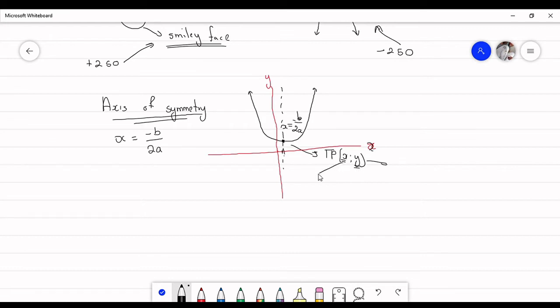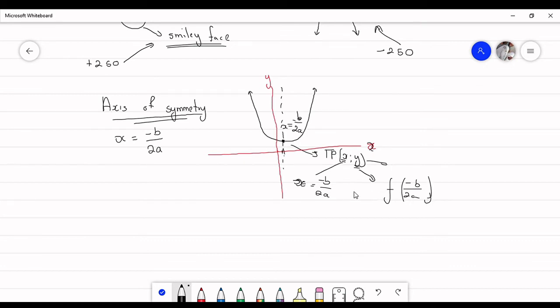So we know that the x coordinate of our turning point is x equals negative b over 2a. To find our y, we need to substitute the x value that we found, our axis of symmetry, into our general formula. So our y is equal to f of negative b over 2a.